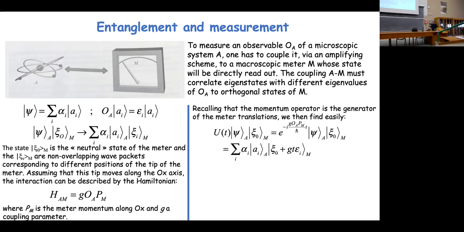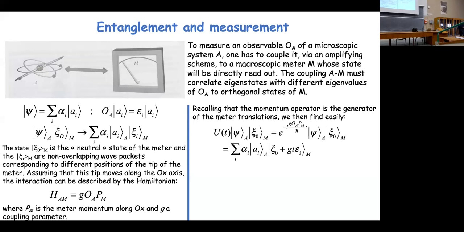You see, the evolution will couple these two states which are separated at the beginning, and give this result, which will give me an entangled state, because for the different AI, I will get different shifts of my meter. And so you see that a measurement entangles the system that you measure with a meter.